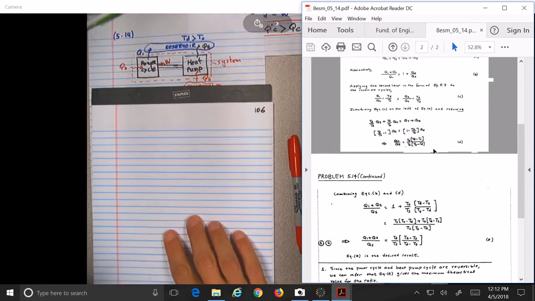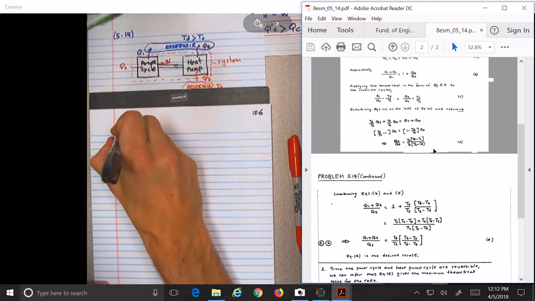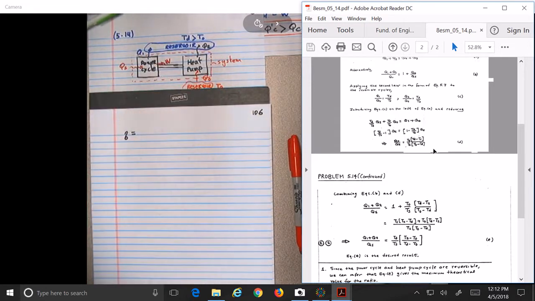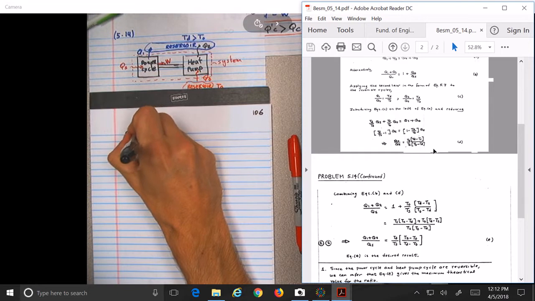Okay, so what is the important part over here to understand, which is basically what we're doing before. What is the efficiency for the power cycle? I mean, it is work over what?